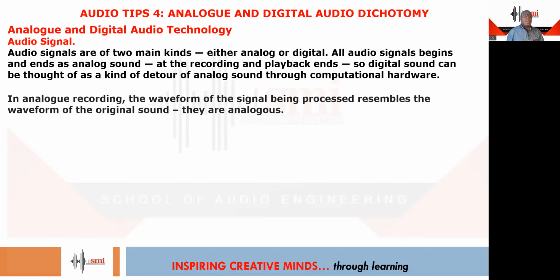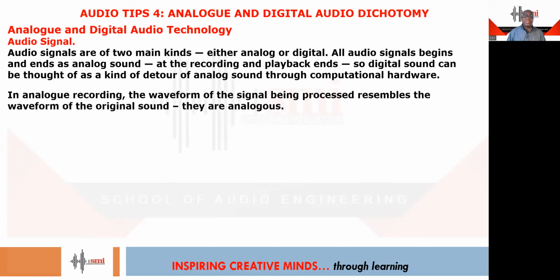Let's move on. So in analog recording, the waveform of the signal being processed resembled the waveform of the original sound. That is the beginning of analog. That means they are analogous. When something is a true representation of another thing, they resemble each other.